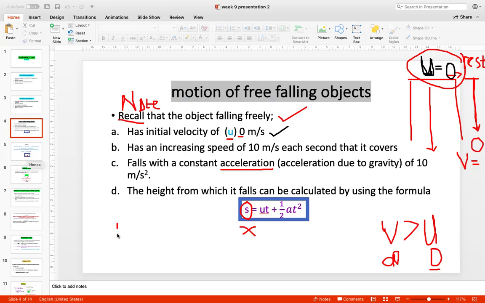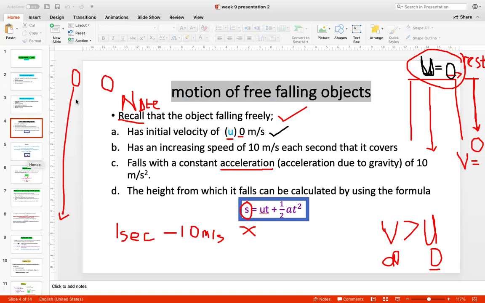The truth of the matter is that each second the object takes to fall, the speed increases by 10 meters per second. For this object, the velocity is 0 and the time is 0 before it starts falling.